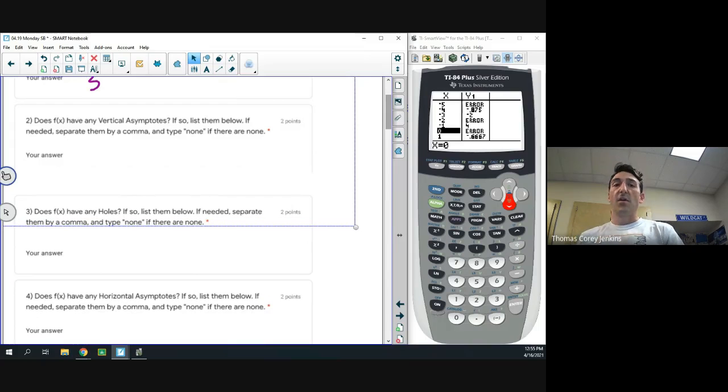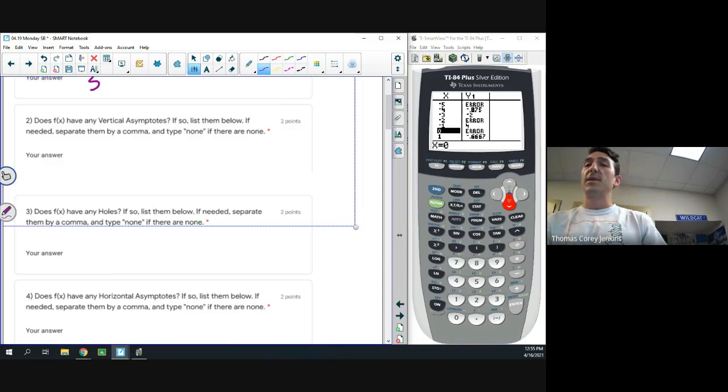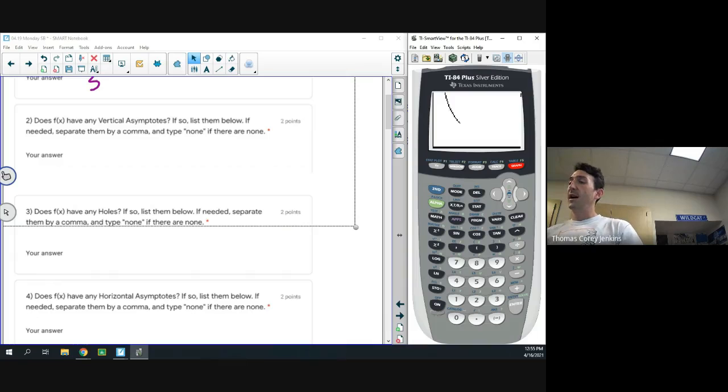Number 2: does f of x have any vertical asymptotes? On this one, you can still tell from the graph if we look at it, but my window is funky, so let me change that. Generally, I go to 10 by 10, so -10 minimum and 10 maximum.